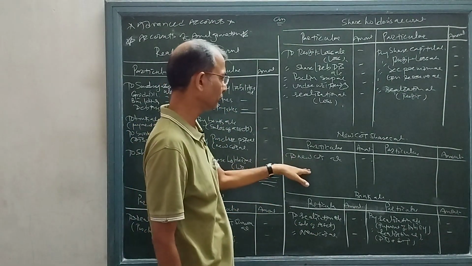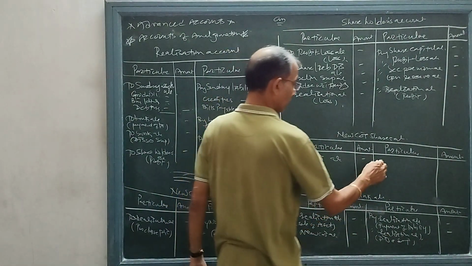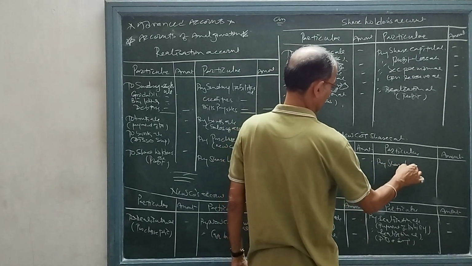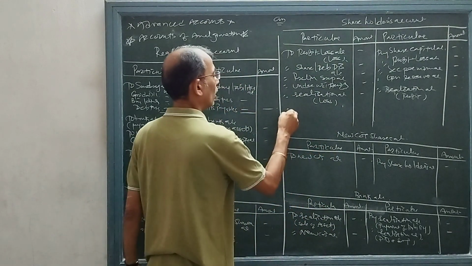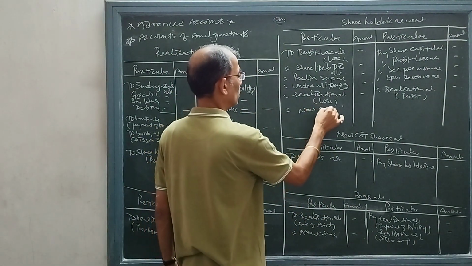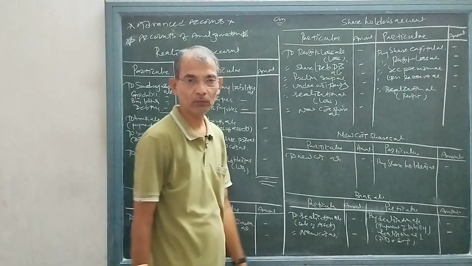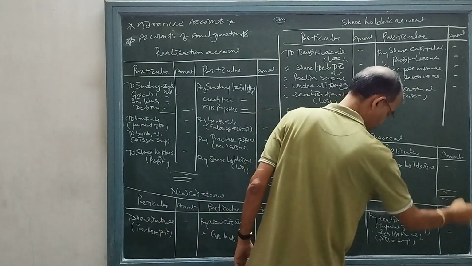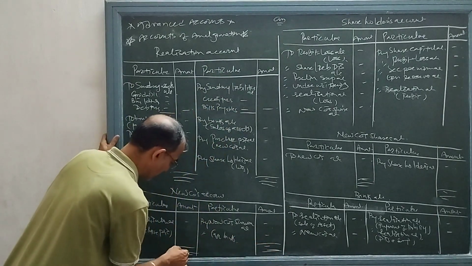Then the new company's share account will be closed and transferred to the shareholders account: on the debit side of the shareholders account, to new company's share account. In this way, this account has been closed and this account was also closed.